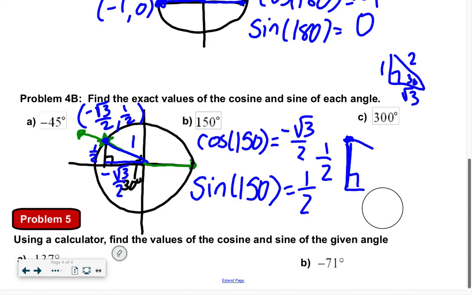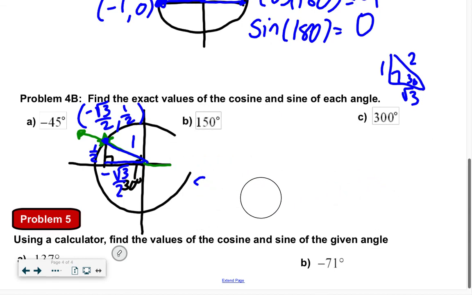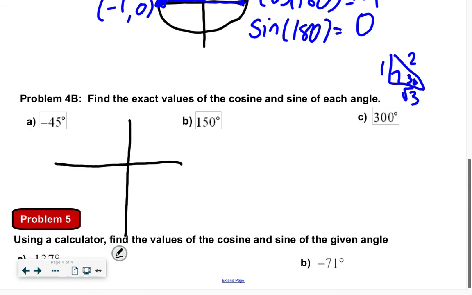Okay, set up 300 degrees on your unit circle. Where does it end up? Just past the... I can kind of just go down how much.